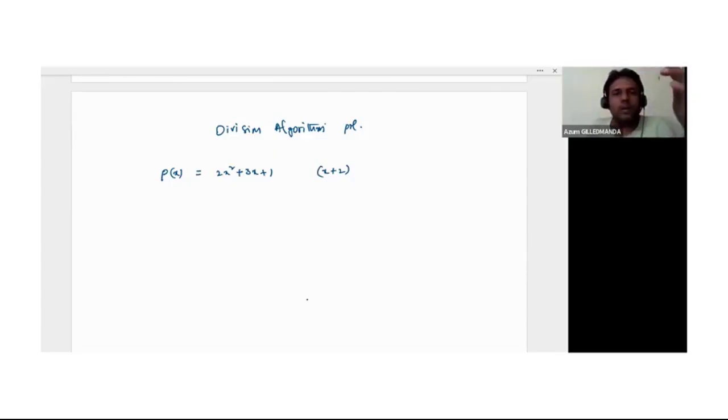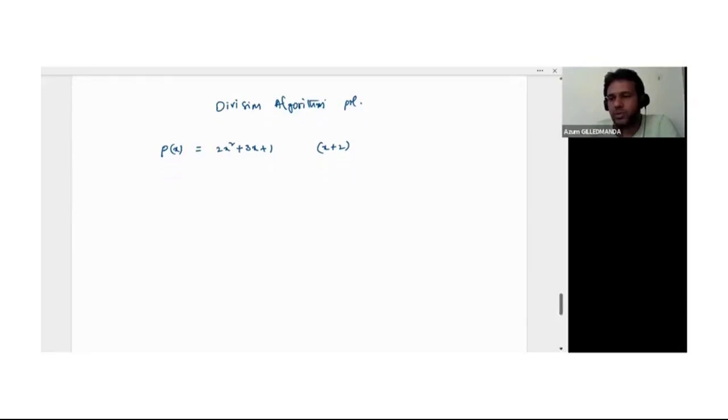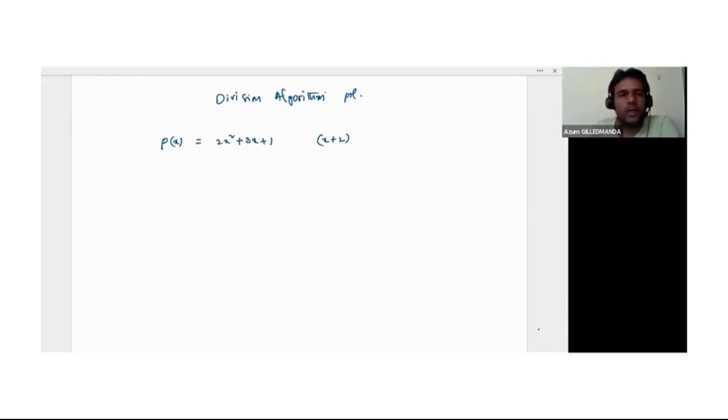So this is a polynomial 2x squared plus 3x plus 1, and minus 2 is the zero of the polynomial. Then divide p of x with x plus 2, right? Now, how do we do this?